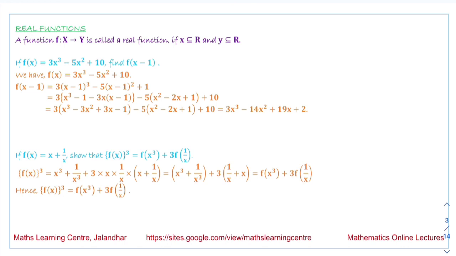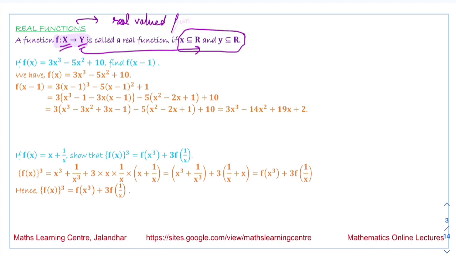A function is said to be a real function if it is defined from a set X to Y, and both these sets X and Y are subsets of R. There is another term that you may come across, that is real valued function.